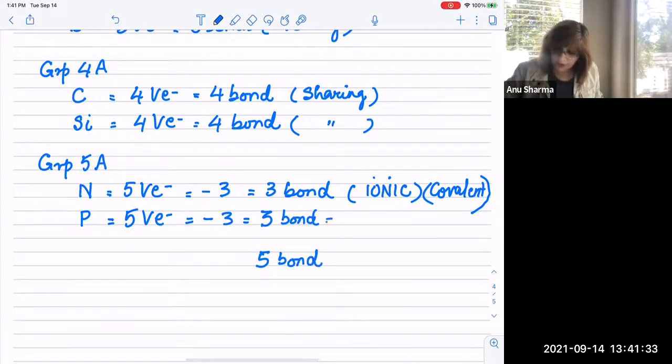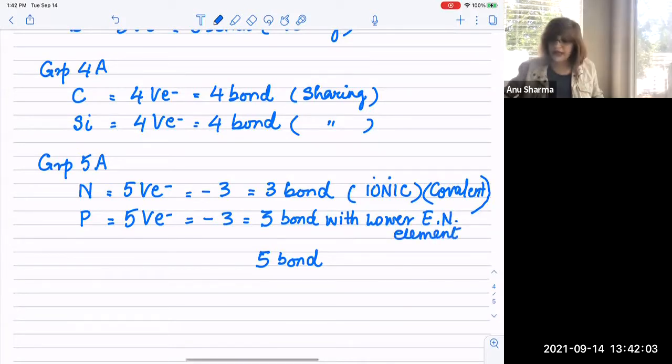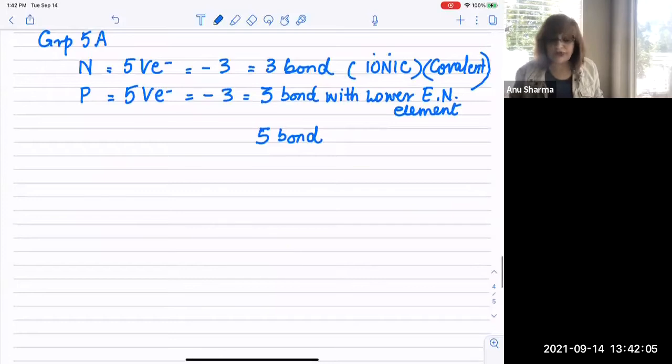Phosphorus will form 3 bonds when it is bonded with an element with a lower electronegativity. Okay, and we will see in what conditions you do get that.